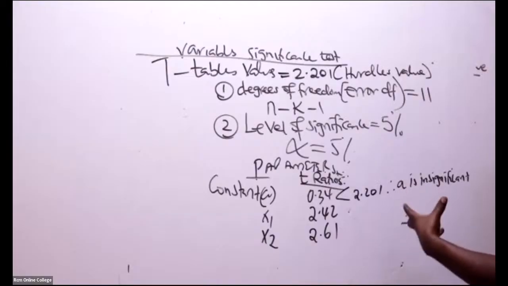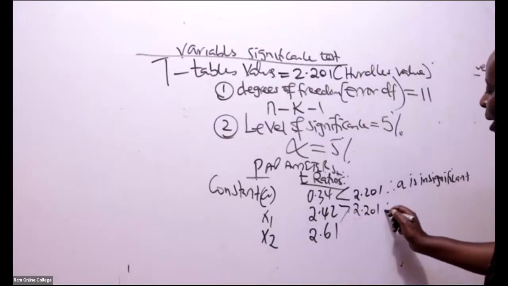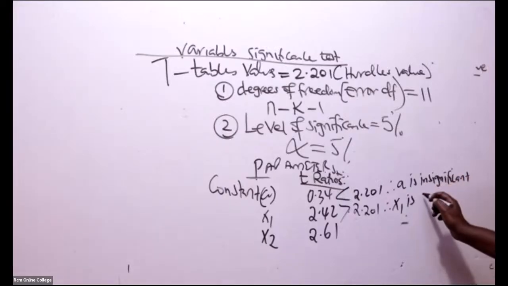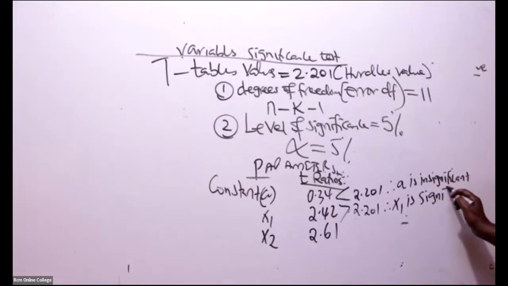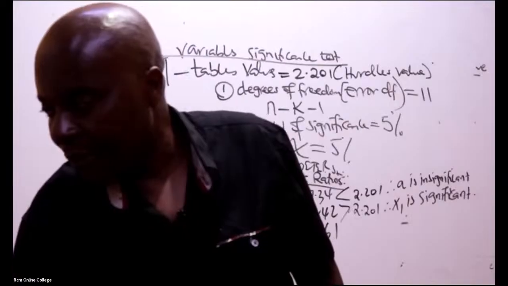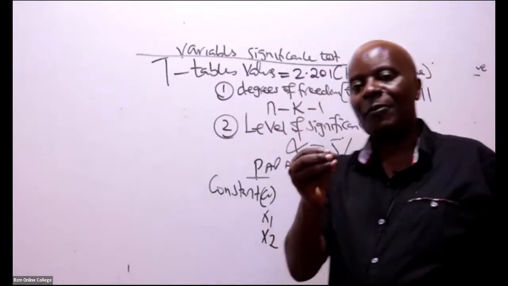They are very significant. They are higher than this. So this is more than 2.201, meaning that x1 is significant, because already we were able to get the threshold of significance.